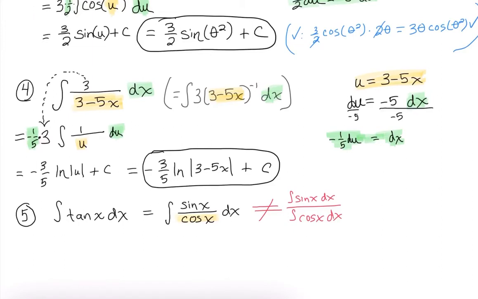So we are going to let u equal that denominator. So u is going to be equal to cosine x, and then our du, our differential, the derivative of cosine, is the opposite, or minus sine x dx.